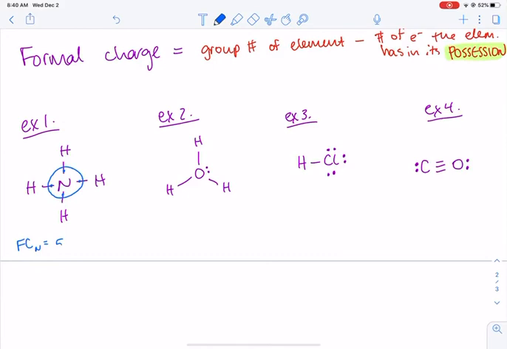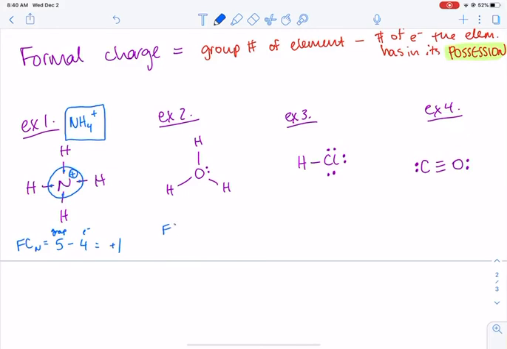So it's in group 5, and it has 4 electrons in its possession, so it has a formal charge of +1. So we put a little positive charge there. This structure is for NH4+. Because the nitrogen has a positive formal charge, that explains why ammonium, the polyatomic ion, is positively charged.